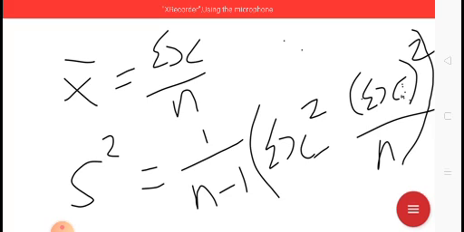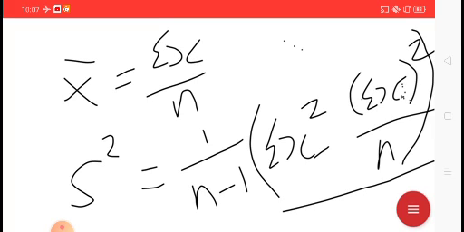Remember, students always make mistakes in the unbiased estimate of variance. So if you're not sure, open and see, compare one more time, then carry out the calculation.